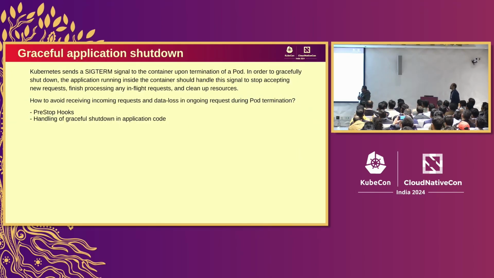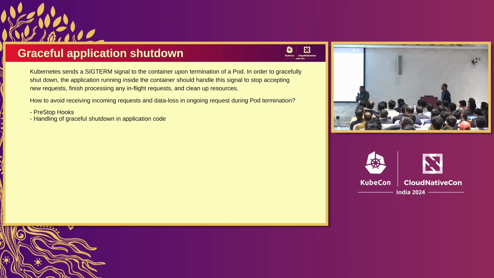This SIGTERM signal is a Unix construct, right? In the Kubernetes world, whenever you delete a pod, Kubernetes sends the SIGTERM signal to the container with PID 1. It waits for a certain period of time, and if in the given time the application is not gracefully shut down, it sends a SIGKILL signal, because of which the application shuts down abruptly.